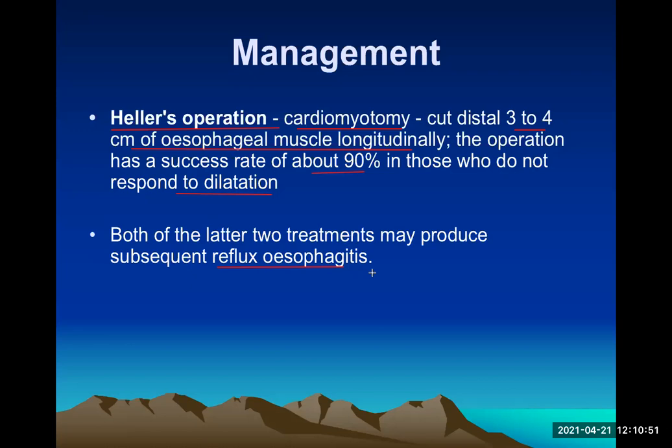Exactly, absolutely correct. The lower esophageal sphincter is gone now. It is damaged by this surgery. So when the lower esophageal sphincter, that anti-reflux mechanism, is damaged, then acid and pepsin present in the stomach can easily reflux upward, resulting in reflux esophagitis.